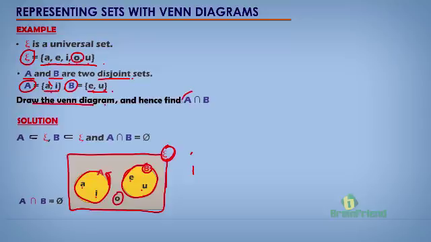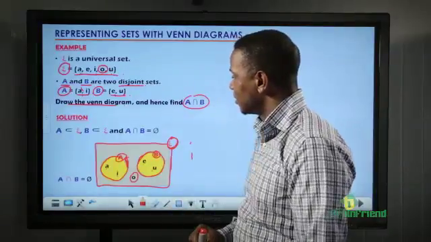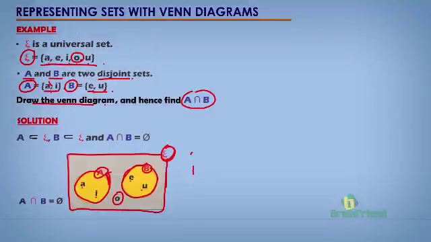Let's find A intersection B. A intersection B would be the similar elements found within A and B. We've already said that the sets are disjoint sets as indicated from our question. It means that our circles drawn would have no form of contact.